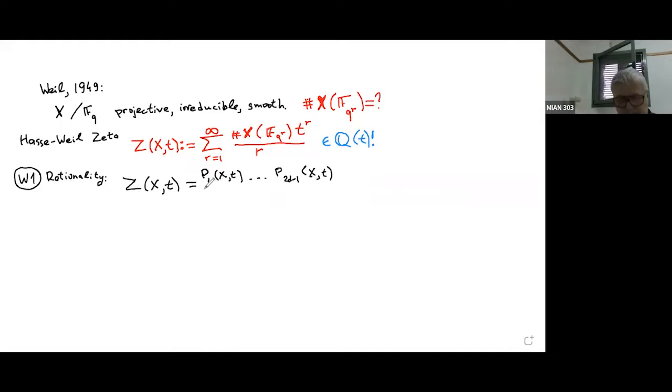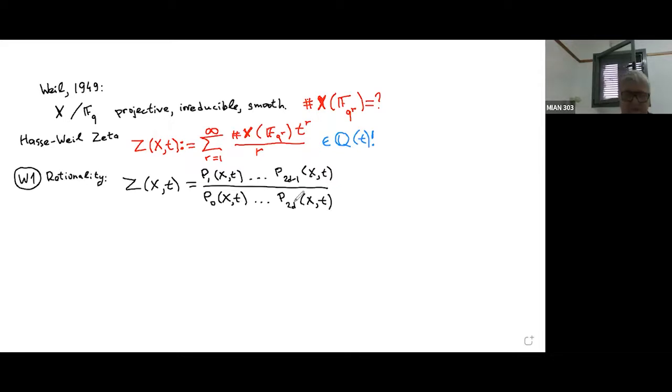Now some comments about this 2d, especially since the even labeled polynomials in the denominator run from p0 to p sub 2d of x, t.